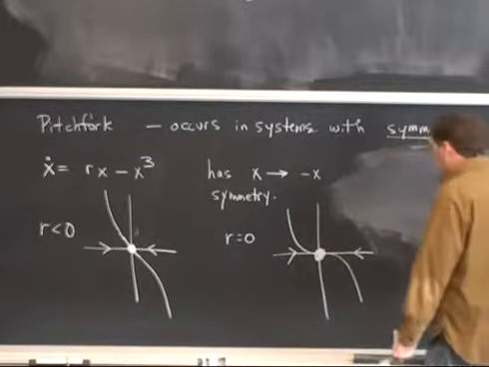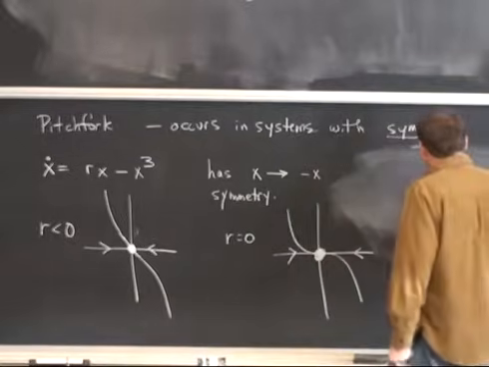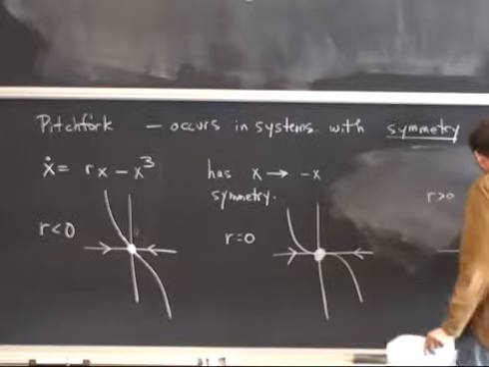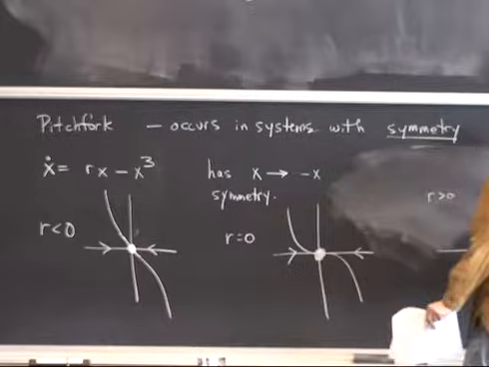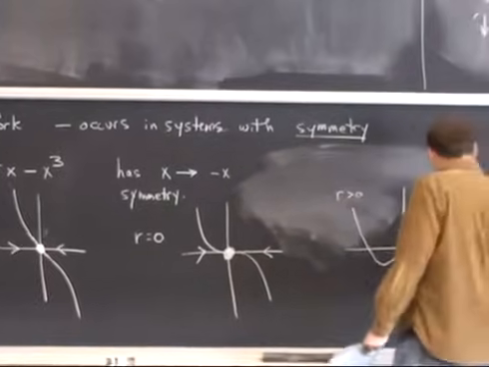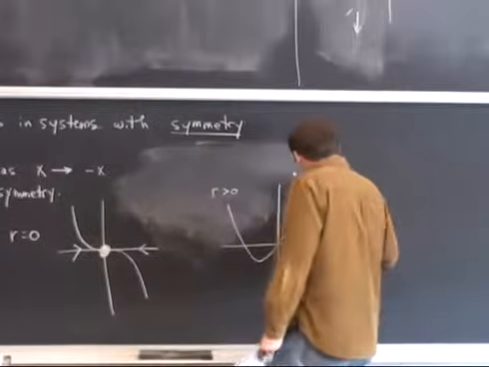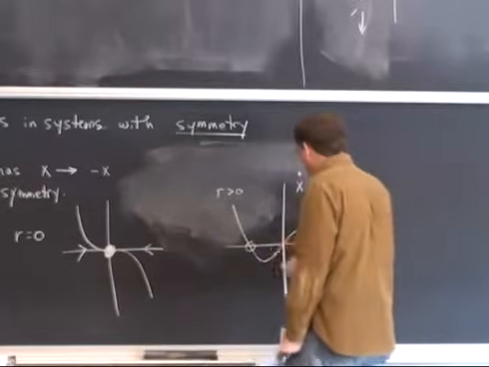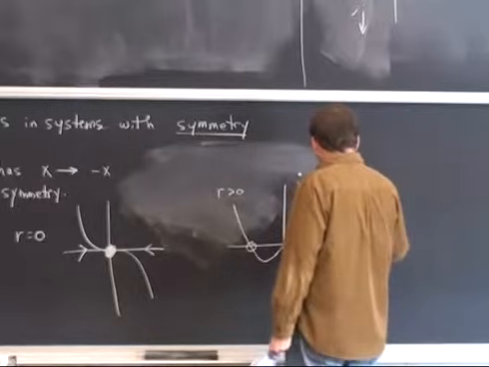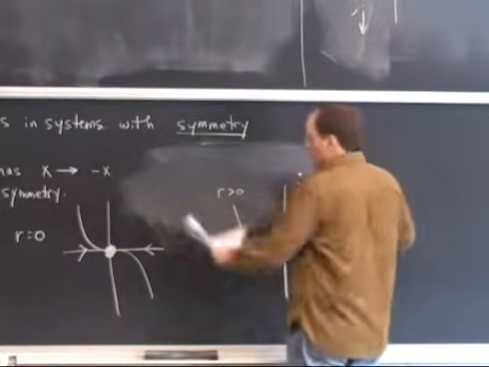But then the interesting thing is when r is positive, then our picture comes through here with a positive slope and then looks cubic out there at large x. And what's amusing is that now we have this symmetrical pair of fixed points. You can see by factoring it, right?